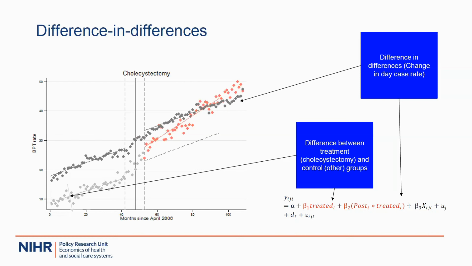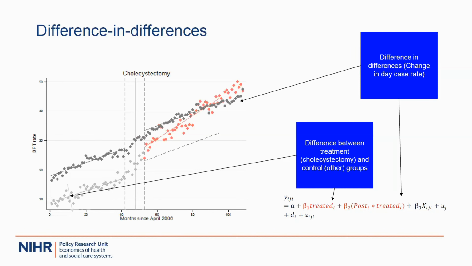What I see from this plot are two key things which are related to the questions on the next slide. One is that before the policy came in, the light grey diamonds and the darker diamonds increased at a similar sort of rate to each other. That's called the parallel trends assumption, because we still need to make assumptions for this difference in differences approach, but they're a little bit different.